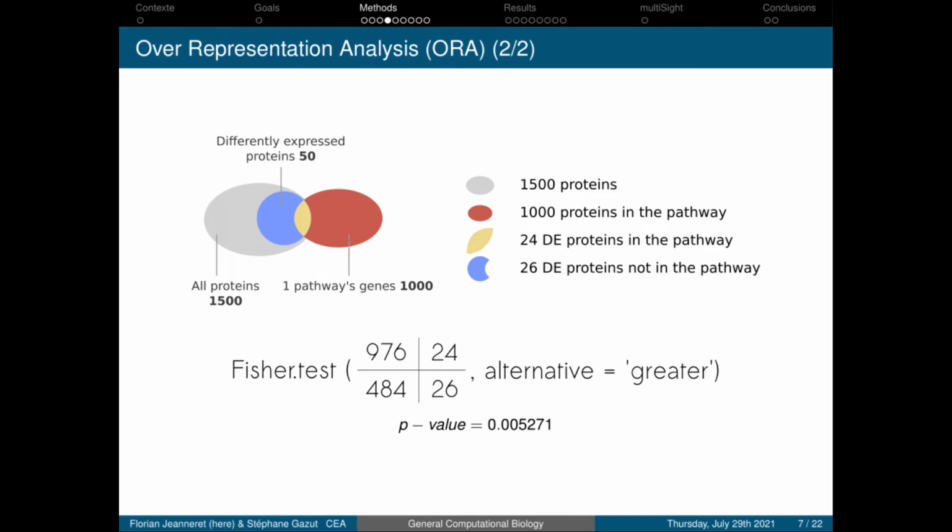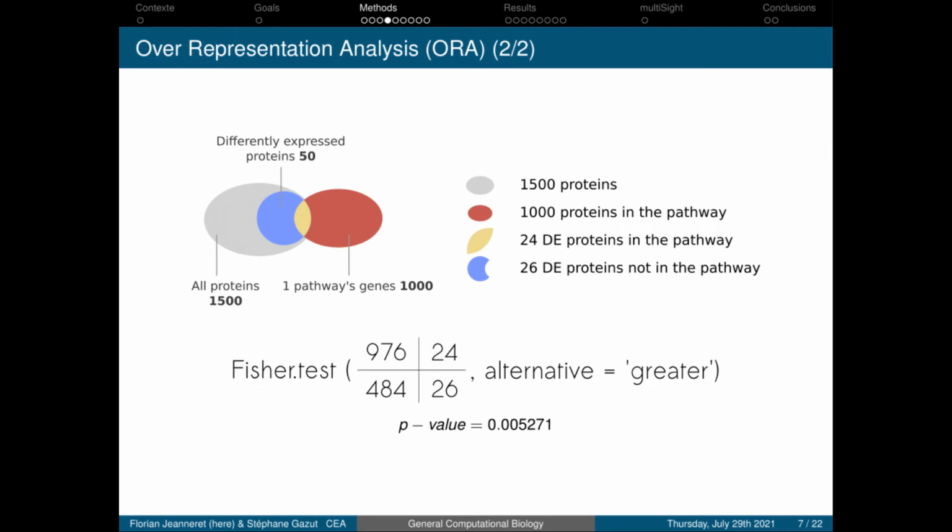So with the Fisher test we get a probability value for this given pathway, and so for all pathways in the database we get a probability value. The result of the overrepresentation analysis, so of the functional enrichment of these proteins, is a table with all pathway IDs and their probabilities.